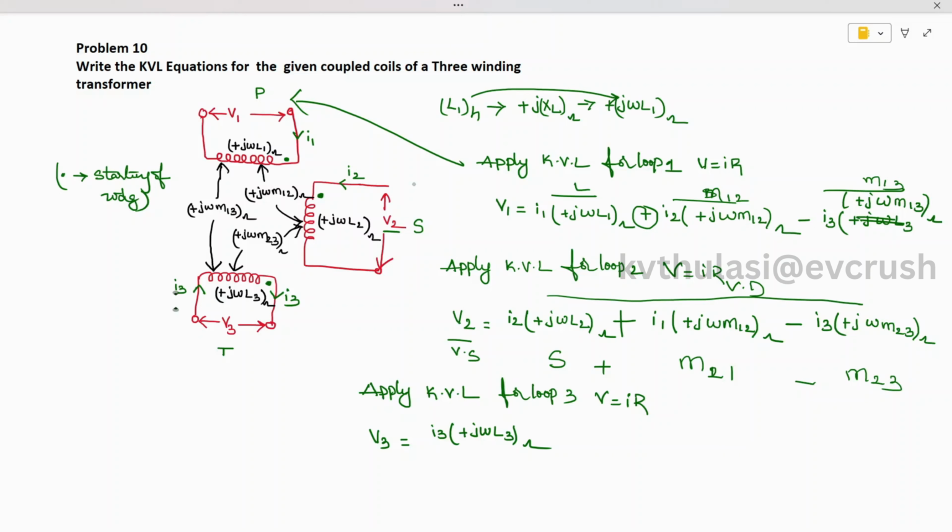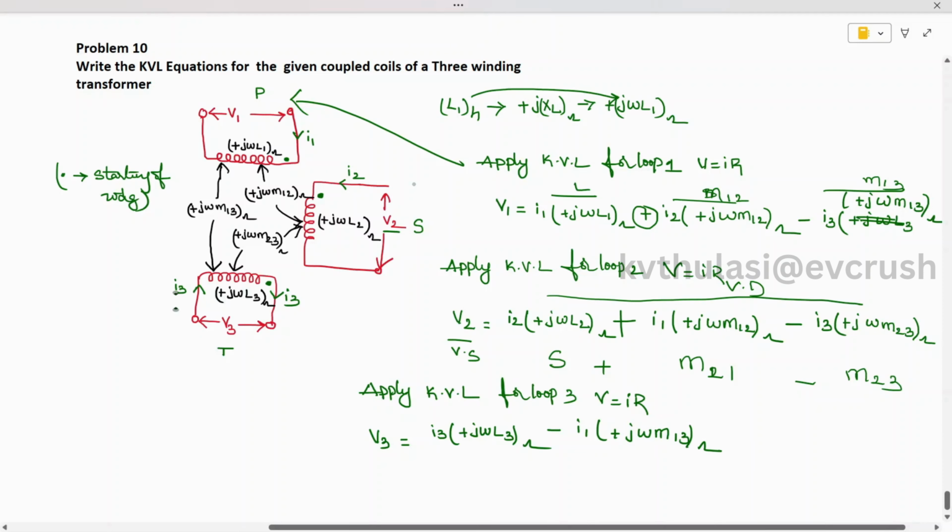So this is mutual inductance, and this is also mutual inductance. Now consider 3 onto 1. Here current I1 is entering this coil, current I3 is leaving, therefore you are going to get minus. For this coil, the mutual current is I1 and the inductance value is plus jωM13 ohms.